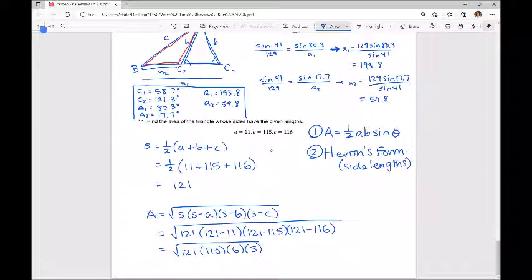If you were to plug this step into the calculator, it should give you an area of 631.9 units squared. We weren't really given a unit in this one, so I'm just going to leave it as units squared. And this is the area of our triangle.